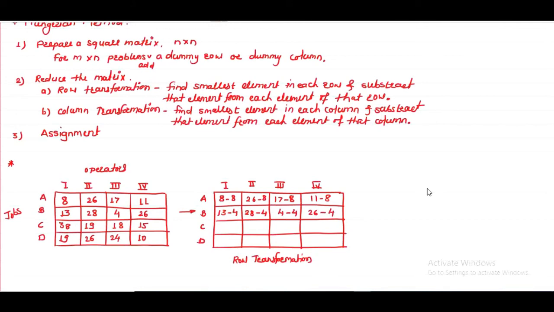In the third row, 15 is the smallest element, so 38 minus 15, 19 minus 15, 18 minus 15, 15 minus 15. In the last row, 10 is the smallest element, so 19 minus 10, 26 minus 10, 24 minus 10 and 10 minus 10.